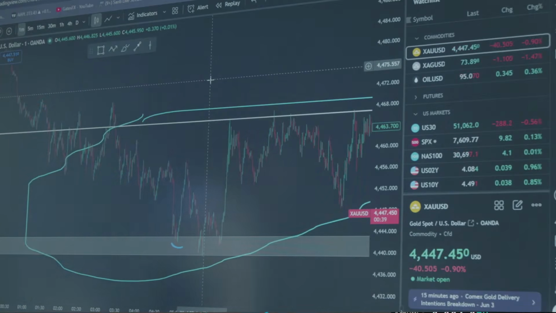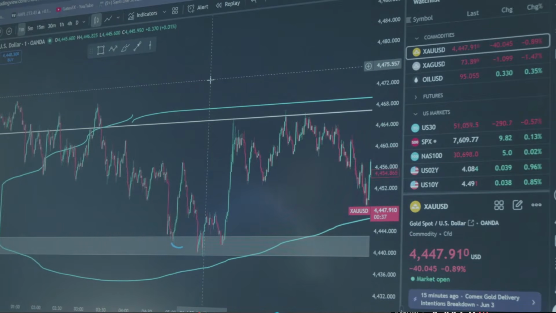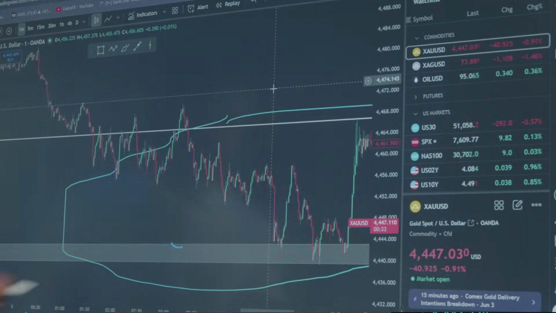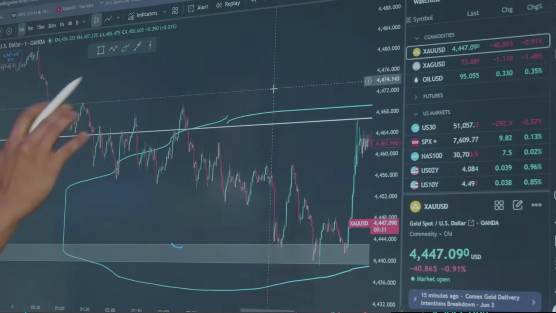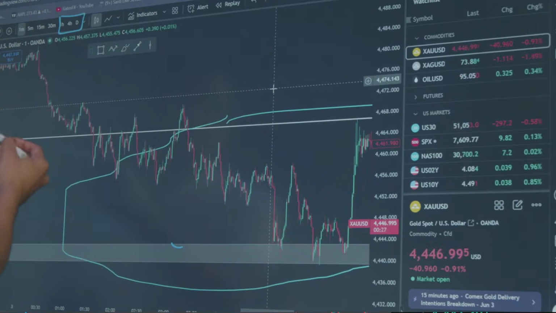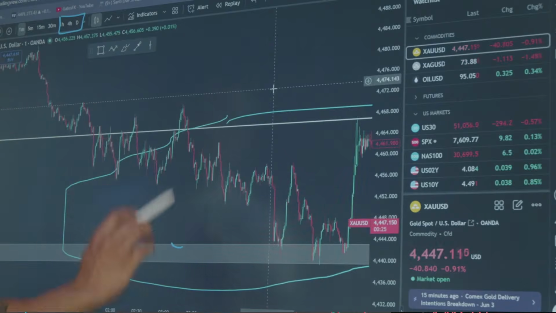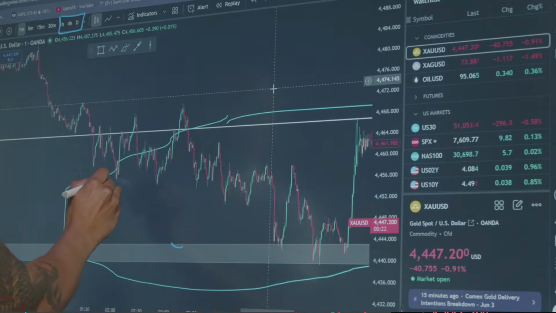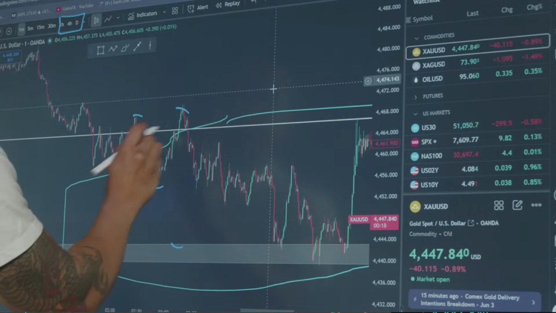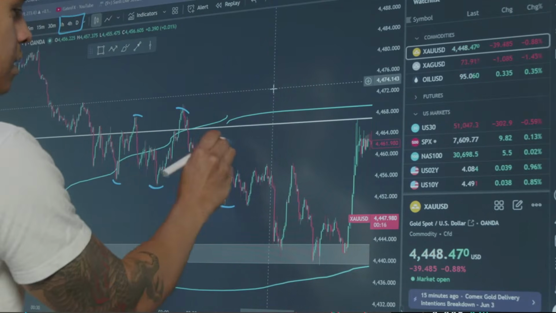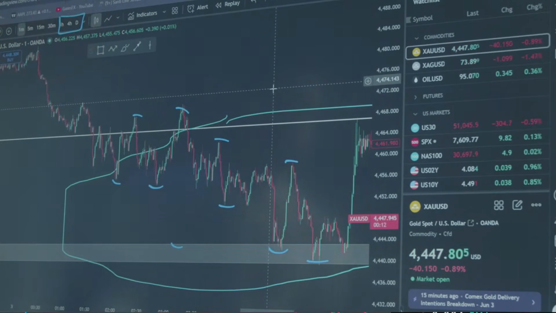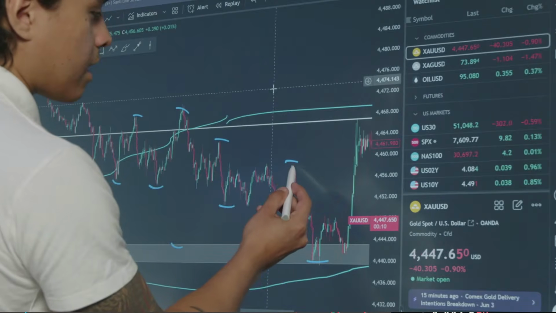If we're following structure, what would we need to see? Keep in mind, overall structure is bearish, and following it on the lower time frames, for this time, it was still bearish. Why? Because it's still creating new lows and respecting those same highs. But then look at how you break above that high point right there.